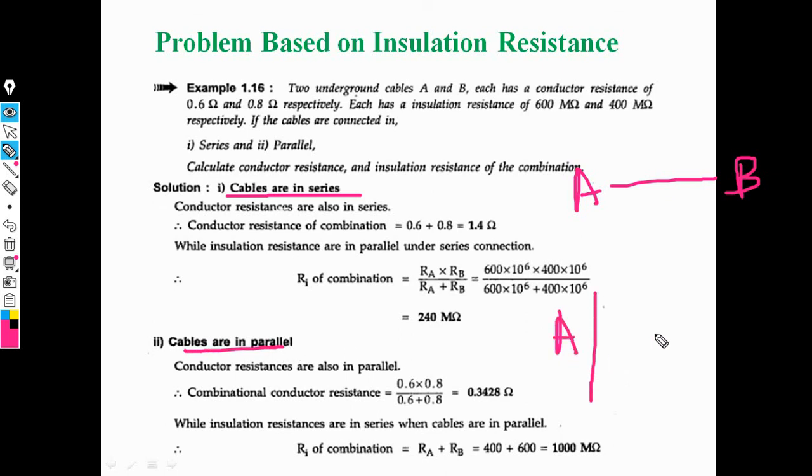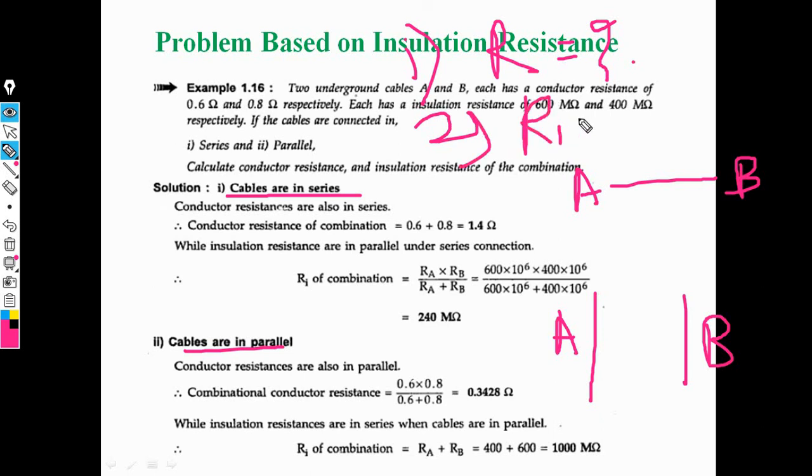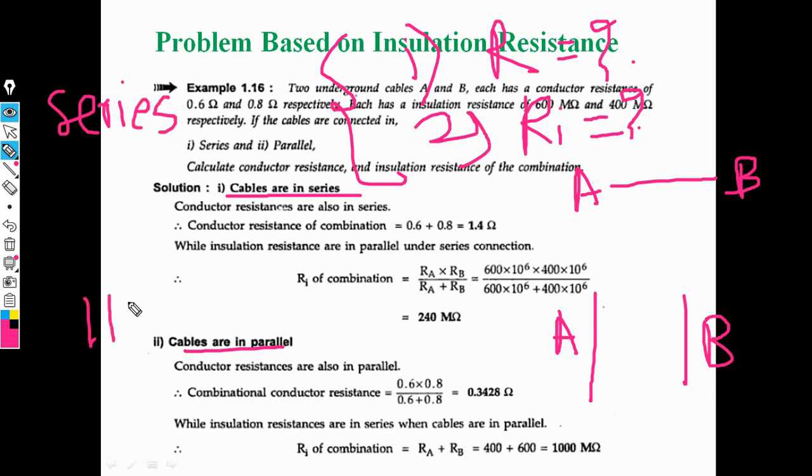First we find the conductor resistance for the series connection, then the insulation resistance for the series connection, and we find the same parameters for the parallel connection.